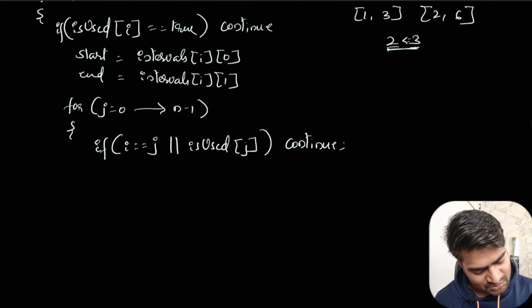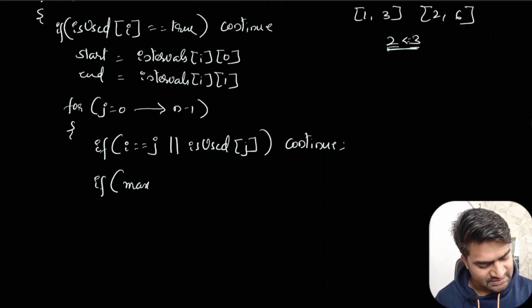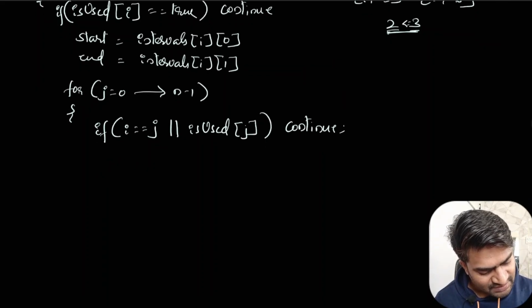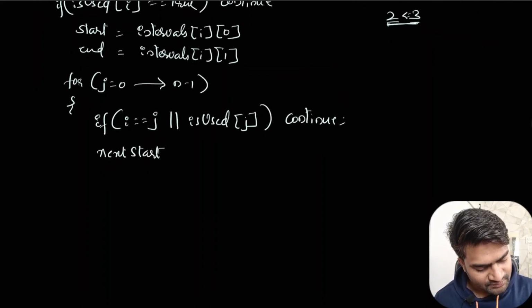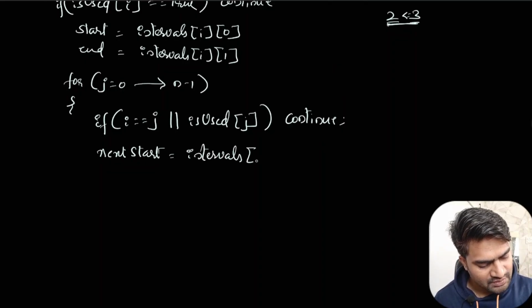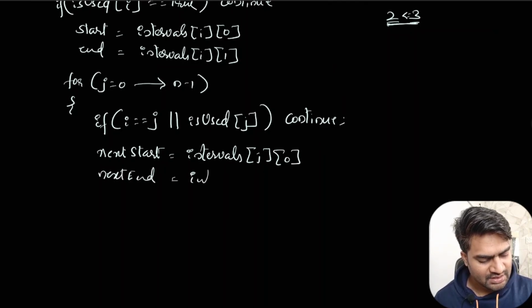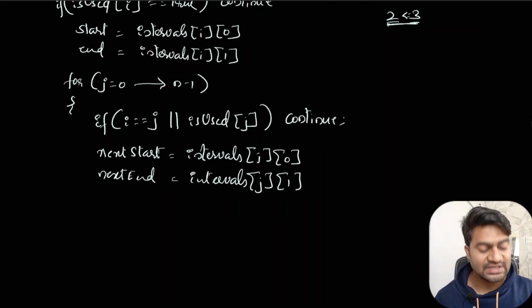So what I will do, before this, what we need first is the next start, which is intervals of j of 0, then next end will be intervals of j of 1, so these will give me the next start and the next end value.